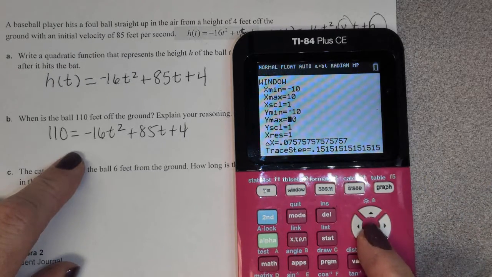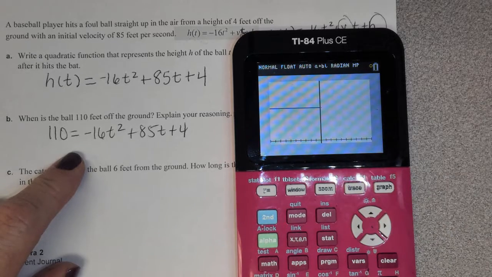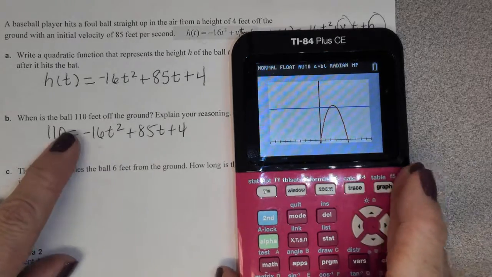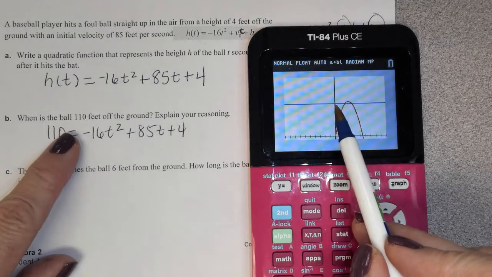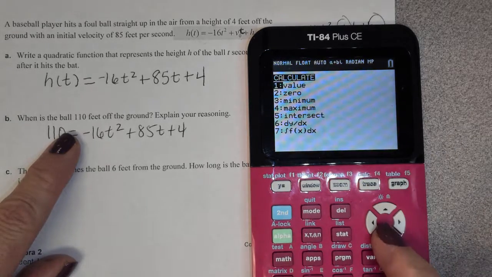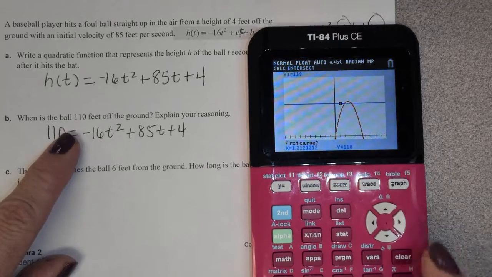I got to go a lot higher than that, maybe up to even 200. Oops, there's my 110. Here comes the parabola. Okay, that's better, isn't it? So we're actually going to have two answers for when it's 110. So I have to do second trace, calculate, intersect, get over there close to it.